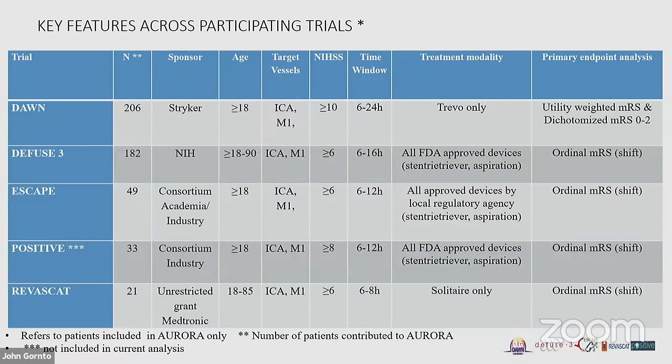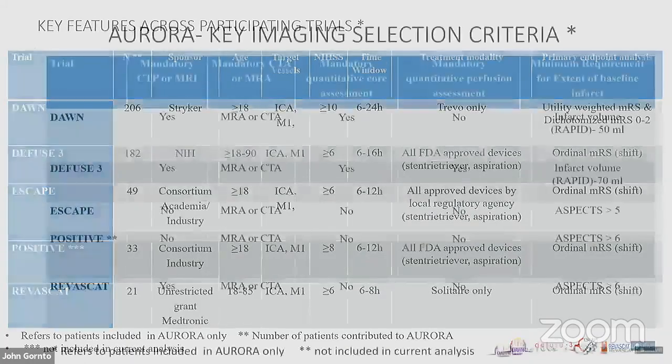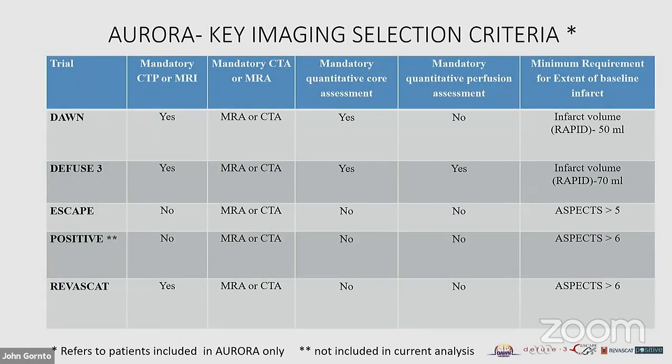SCAPE, positive, and revascats were the other trials that included patients up to 8 hours for revascat, but up to 12 hours for SCAPE and positive. How about the imaging? I think imaging is going to be an important topic going forward. And as you can see, DAWN and diffuse 3 had imaging criteria, not only just plain CT or CTA, but also perfusion imaging. SCAPE and positive did not.